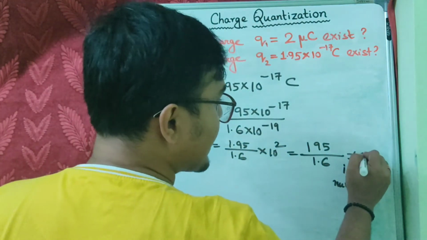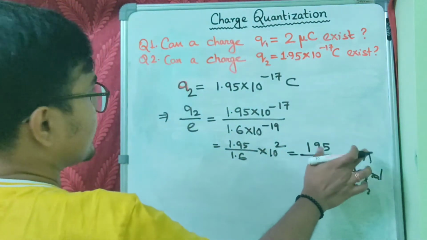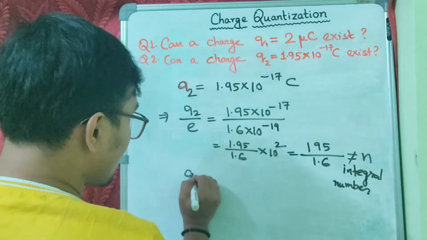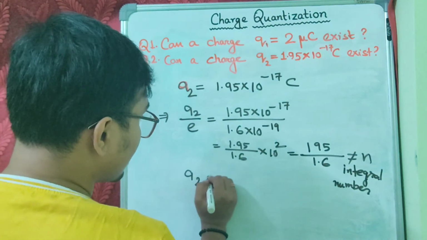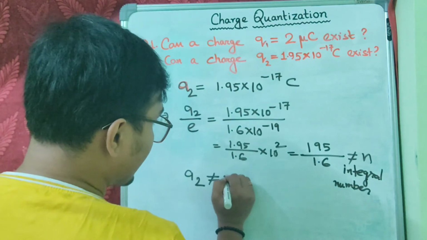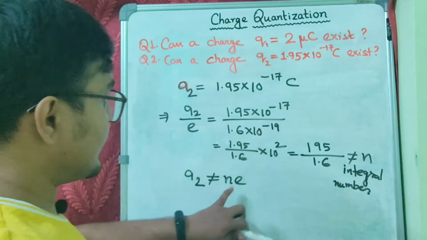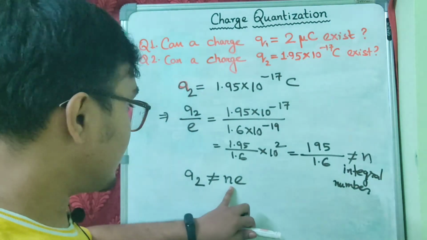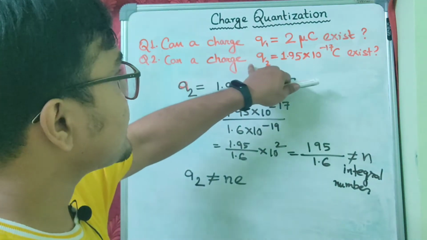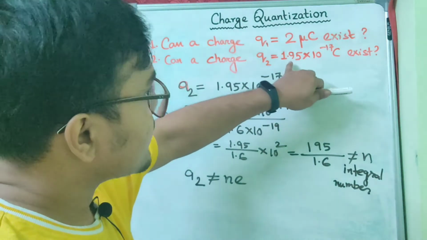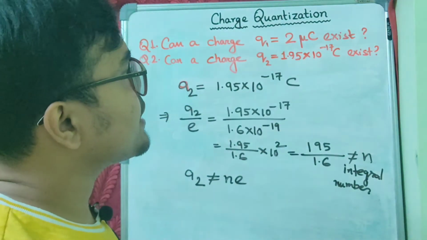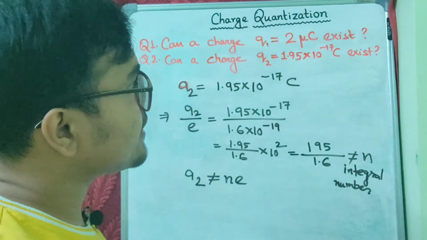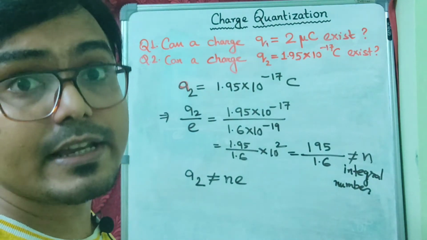So we cannot write it as n. So q2 is not equal to ne, where n must be an integer. So the charge q2 equal to 1.95 into 10 to the power minus 17 coulomb cannot exist in nature.